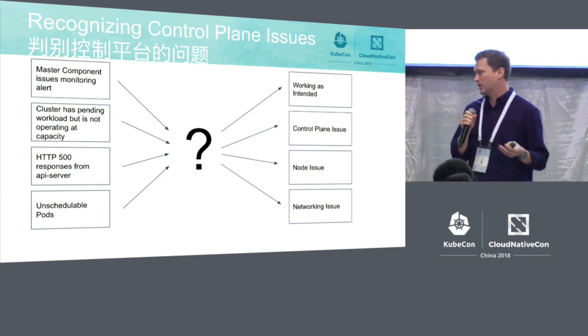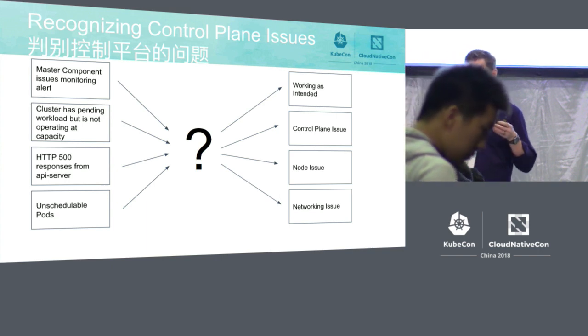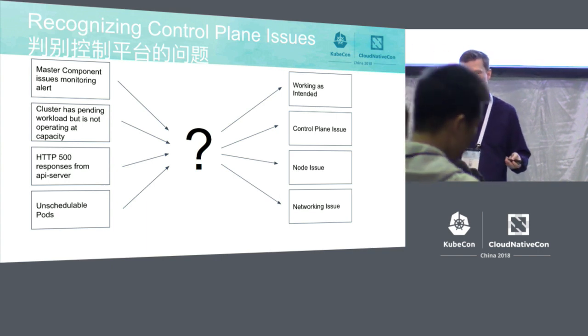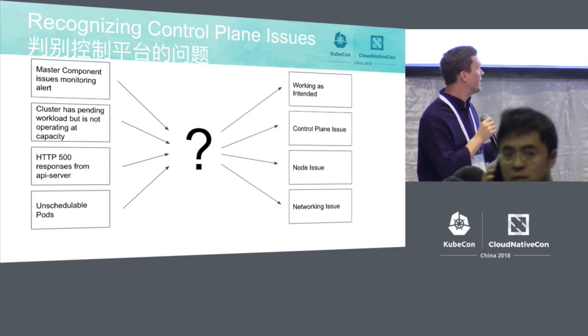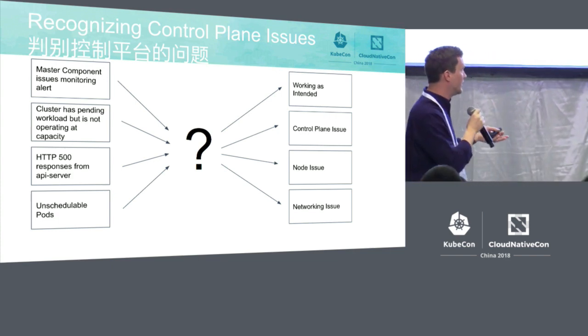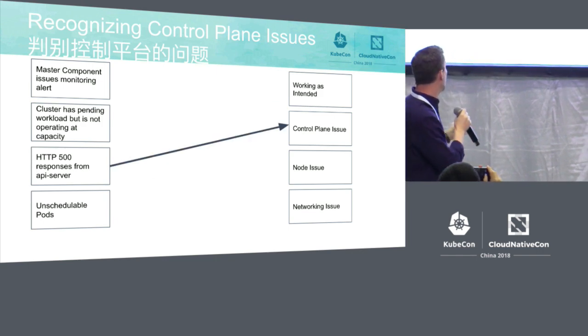A common question I get when people ask me about how to diagnose control plane problems is, is there some kind of logic or mapping that I can apply to the various problems that I might encounter and the locations in the system where that issue is happening? And surprisingly, sometimes the answer is yes.